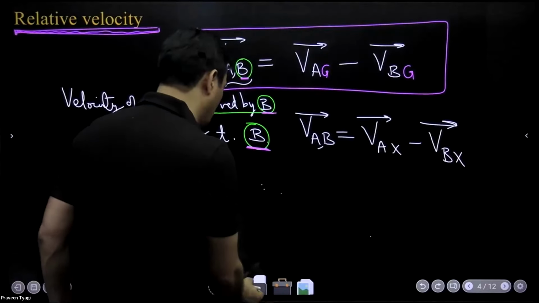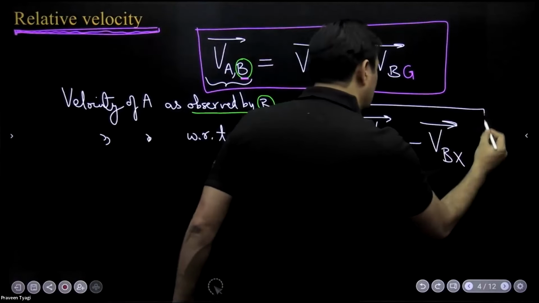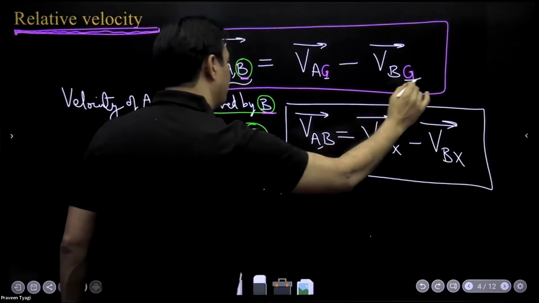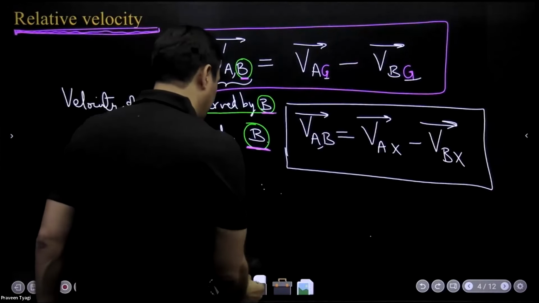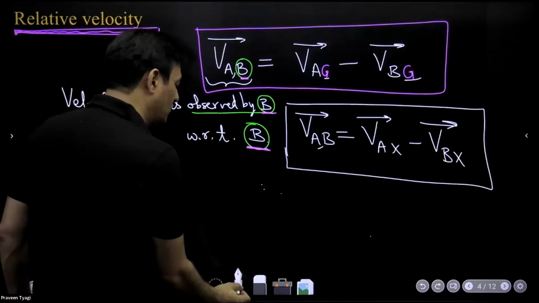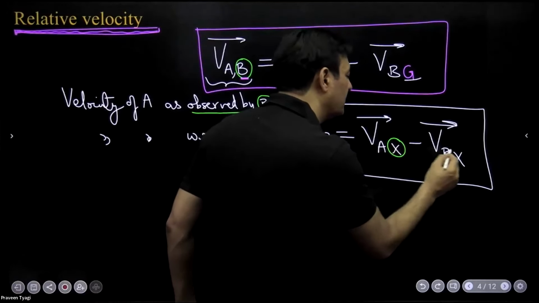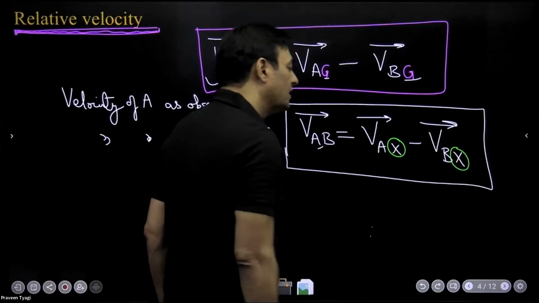What is this x now? You said relative to earth, we accepted. When he is silent, we will assume it is relative to earth. What is this x now? X is any frame. Any frame.